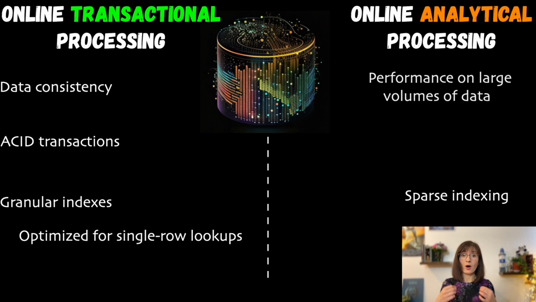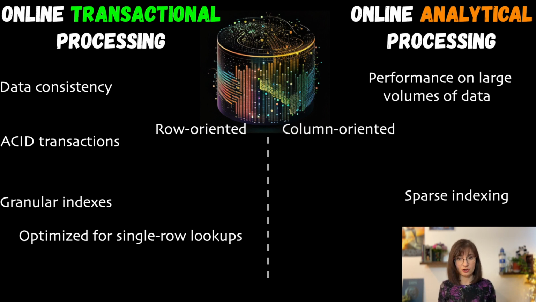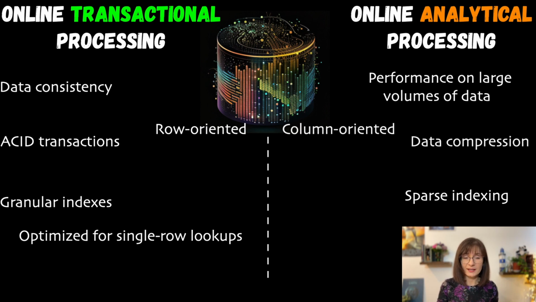That's why while OLTP will often rely on row-oriented data storage, OLAP just can't do well there, and it will use columnar structures where it can compress data effectively, selectively read only some columns, use way more efficient indexing, and so on.